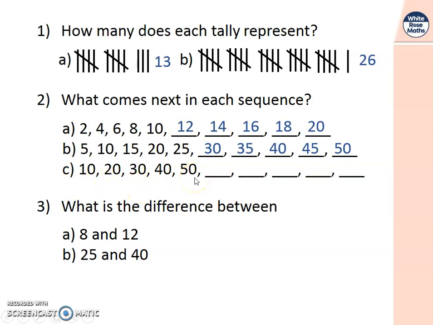What's next? 60, 70, 80, 90, 100. That's going to help us today with our scales up the side for our bar charts. Number 3, what is the difference between 8 and 12 is 4, and 25 and 40 is 15.